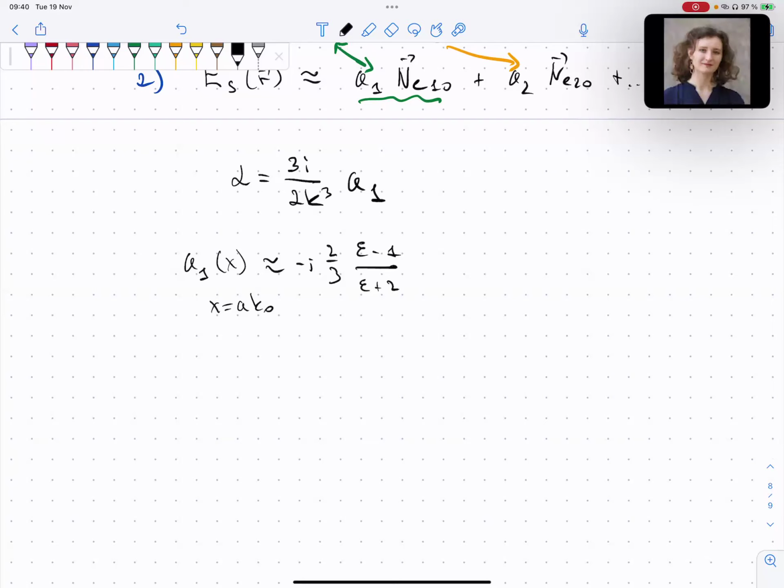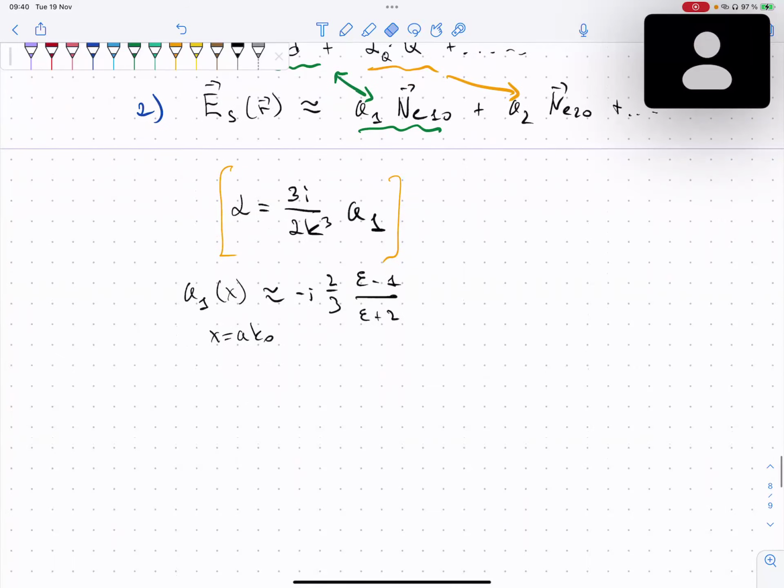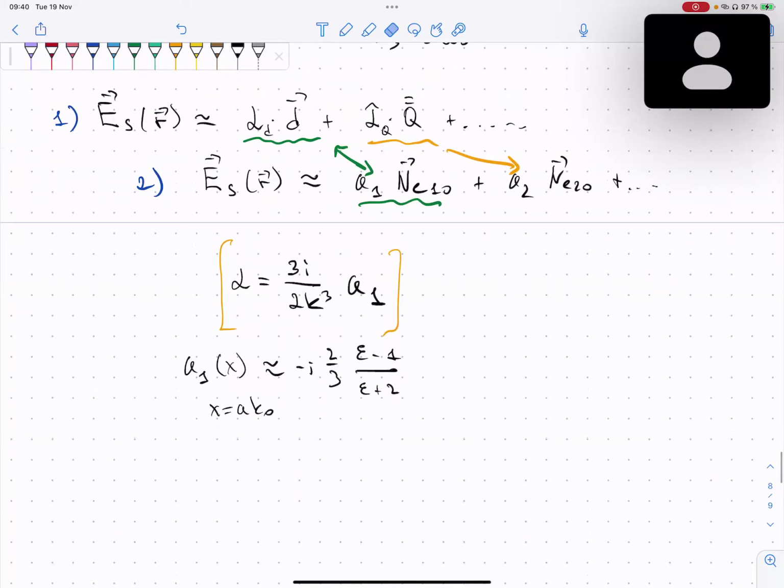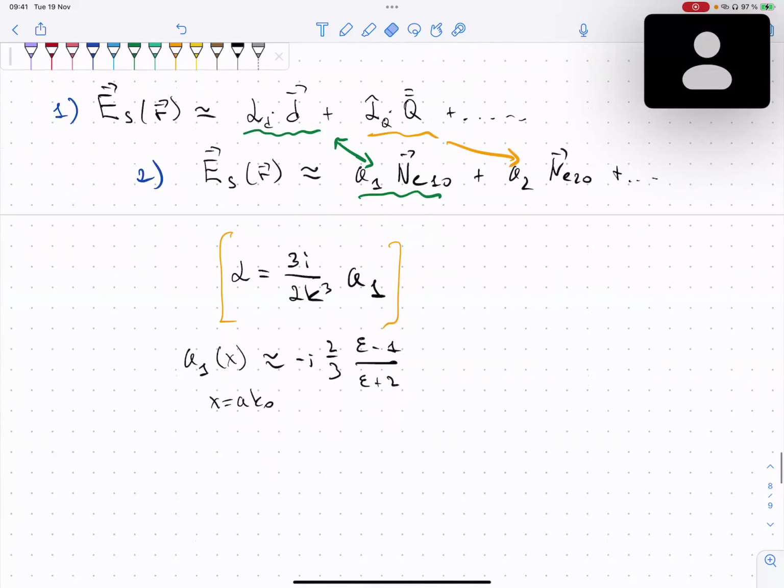Sorry, can you repeat, please, how we obtain the equation for alpha? Yes. Well, basically we can expand our field. For example, like in electrostatics, you expand your field into a series, like the dipole moment, quadrupole moment, octupole moment, and all of these other higher order moments.